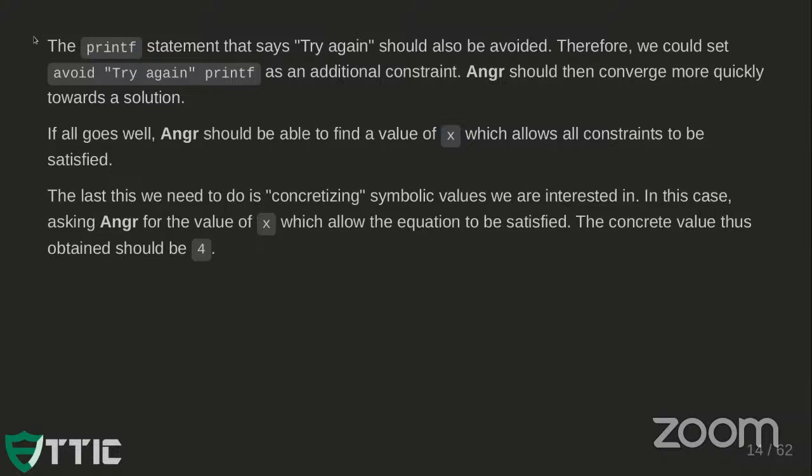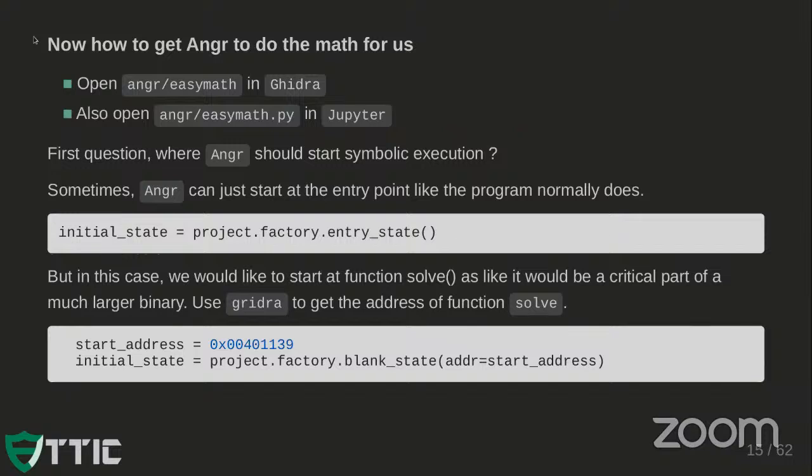So when we reach a solution, we need to concretize the symbolic value, which is getting the actual number. So we know the input we were searching for. When it reaches a solution, there is the eval method that we can call and get the value x equals 4.